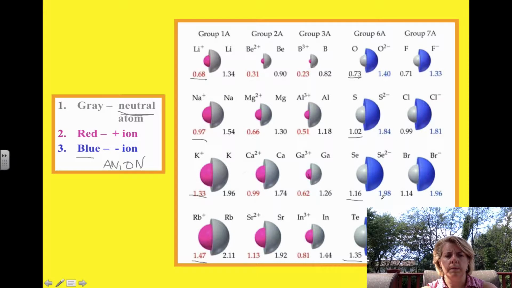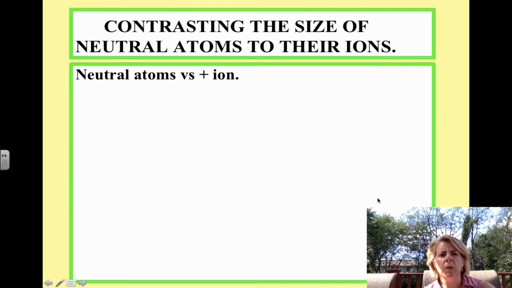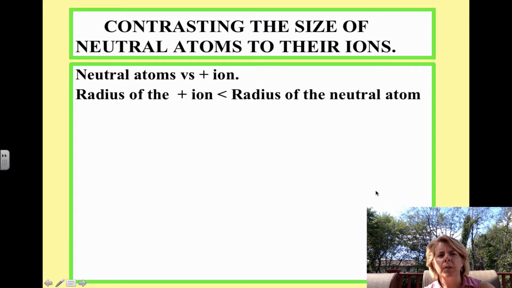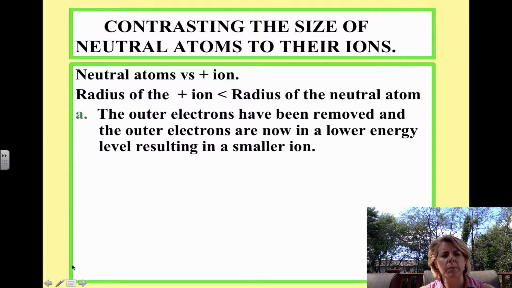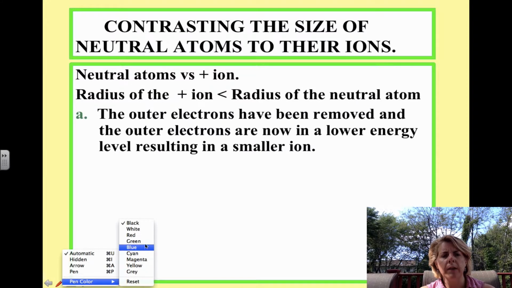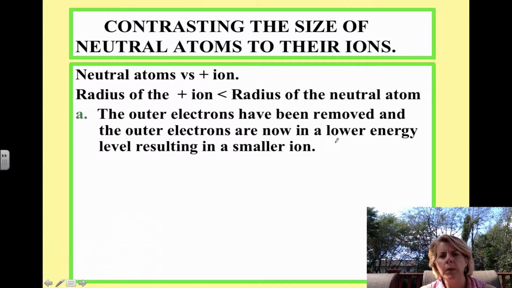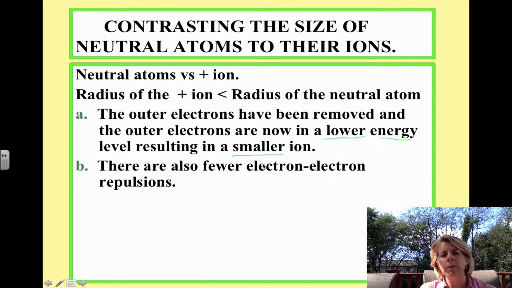Okay, so when we're looking at the formation of cations, notice that the outer electrons have been removed. As the outer electrons have been removed, they're in a lower energy state, so you see a compaction, a formation of a smaller ion. You have fewer electron repulsions.